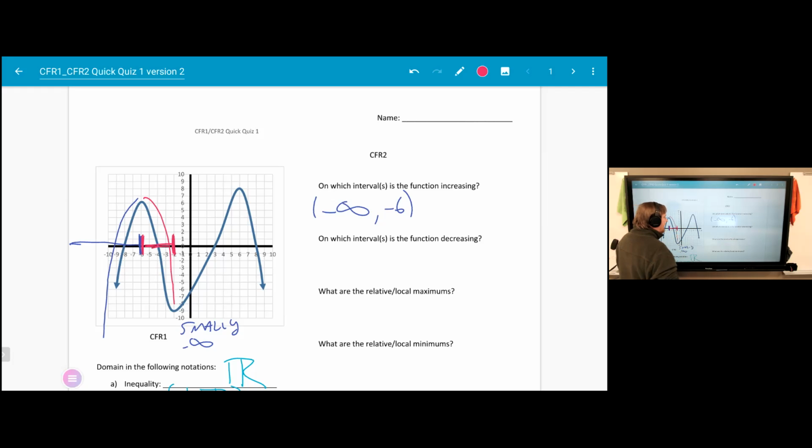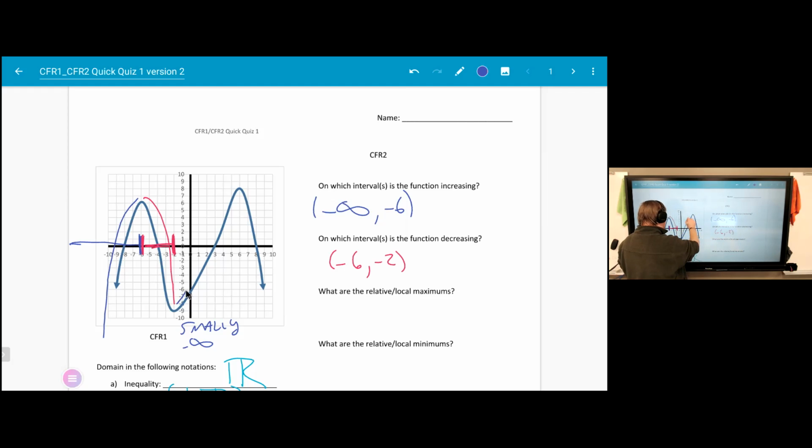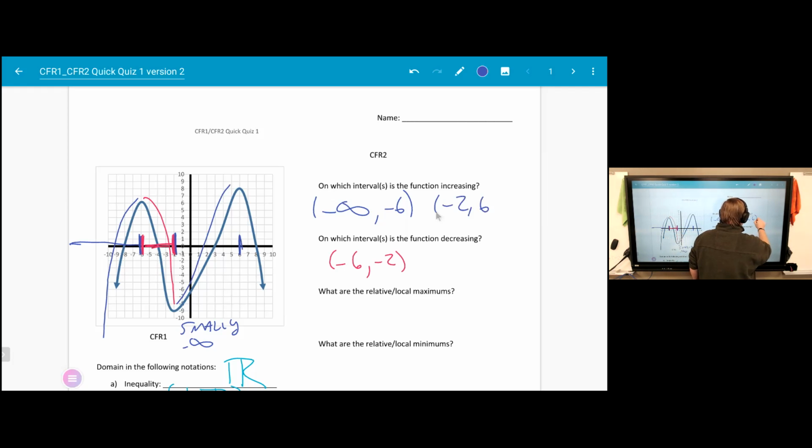It's going down from when x is -6 to when x is -2. From there, I start to go back up again, and I go up from -2 until 6. So it's increasing from -2 to 6.